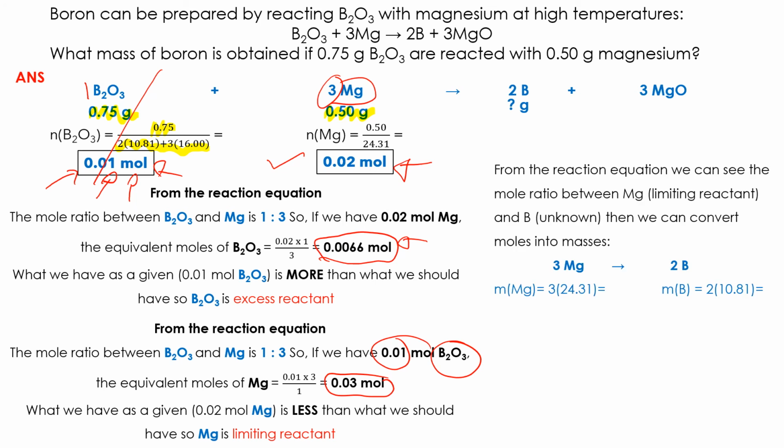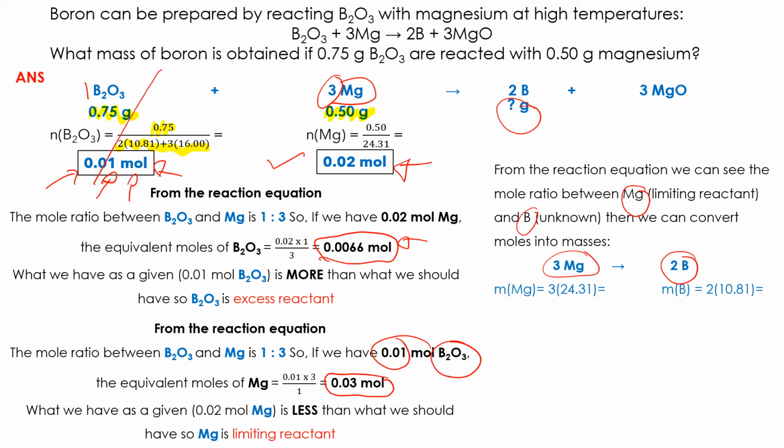Let's check how many grams of boron we could have if we use the Mg. From the reaction equation again, the mole ratio between magnesium, the limiting reactant, and boron, the unknown, is 3 to 2.